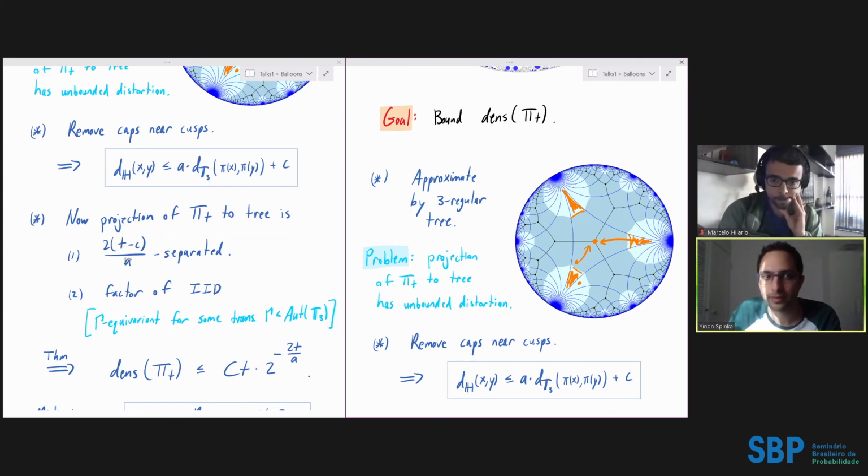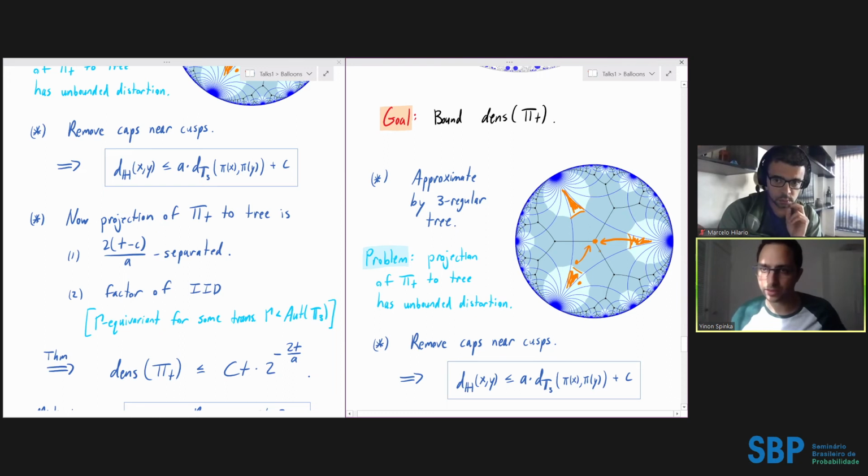It's 2t minus c over a separated. It's also a factor of IID, albeit with slightly less equivariance. It's just equivariant to those automorphisms of the tree which came from Mobius maps, from isometries of the hyperbolic plane. So that's not giving us all the automorphisms of the tree, but just some subgroup.